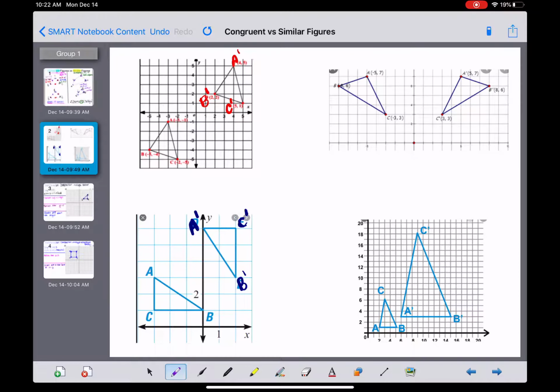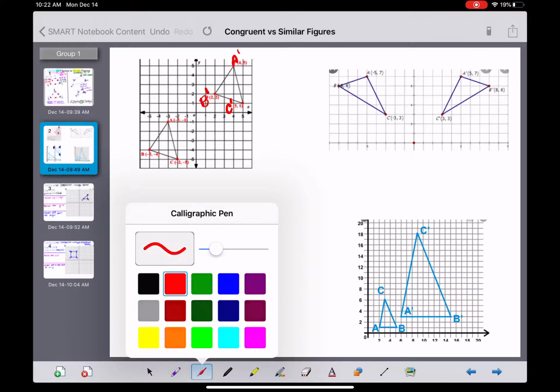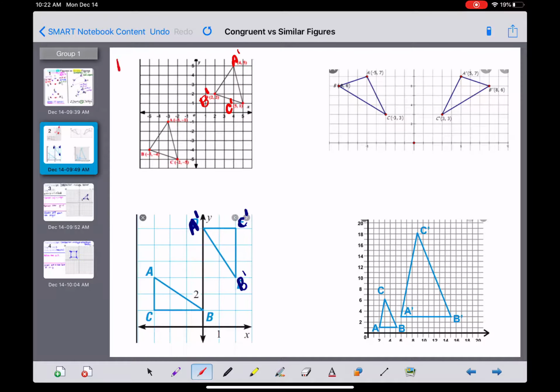So how does this relate to all the transformations that we've been working with? Up in the top right-hand corner, coordinate number 1, this is an example of a translation or a slide. So triangle ABC simply slid to the right and up. It had no effect on this triangle's size.